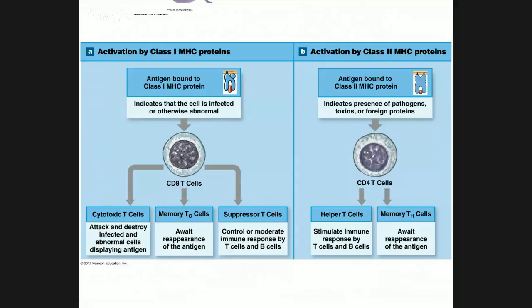And then CD8 cells also give rise to a special type of T cell that we won't talk about any other time except for here, called suppressor T cells. The name of these is actually in transition. When I originally learned about the immune system, they were called suppressor T cells. Nowadays, they're more often referred to as regulatory T cells.